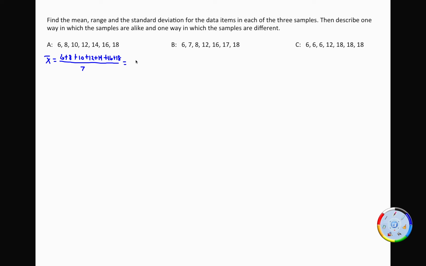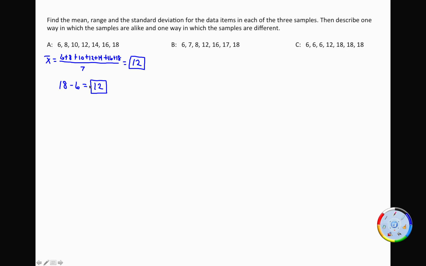And we get 12 for the mean. The range, this is my largest and that is my smallest, so the range is just subtract the largest and the smallest, and I get 12 for the range.